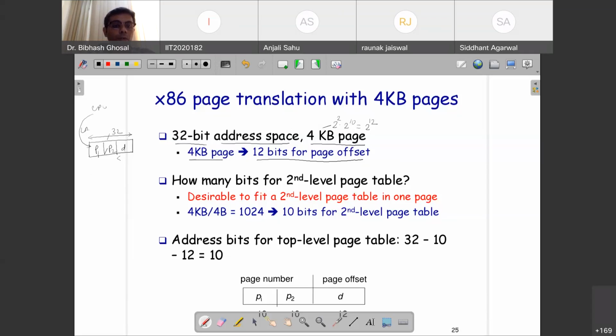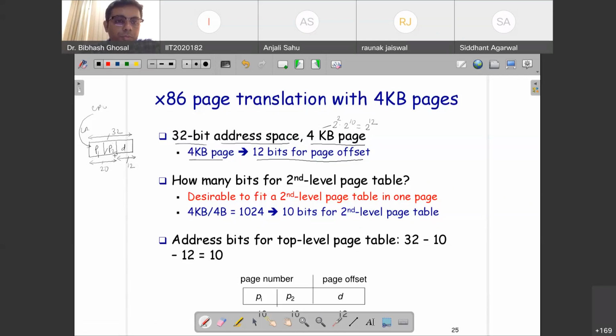We identified that the offset will be of size 12. Now we are left with the remaining 20 bits. How many bits of this higher order 20 will you allocate for the outer page table and for the inner page table? That's the question. How many bits for the second level page table, that is P2, and how many bits for P1?